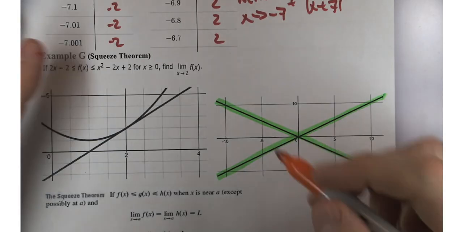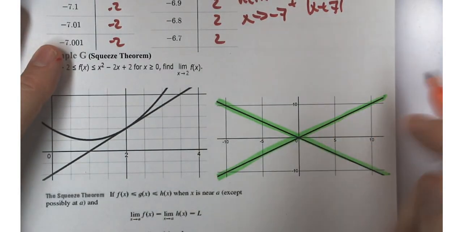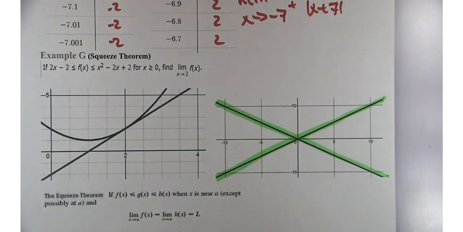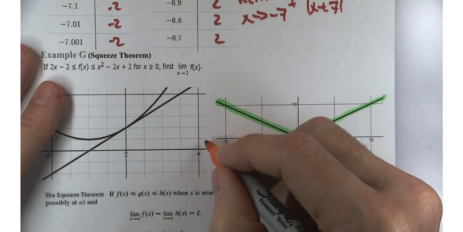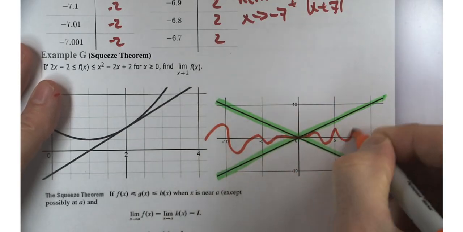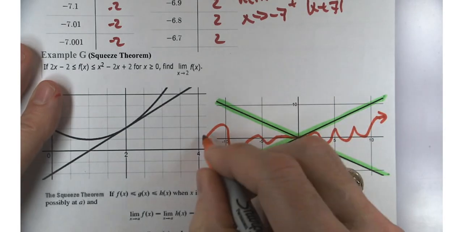Just draw something that snakes its way from the left side of the graph to the right side. So for myself, something like that. Whatever, doesn't matter.